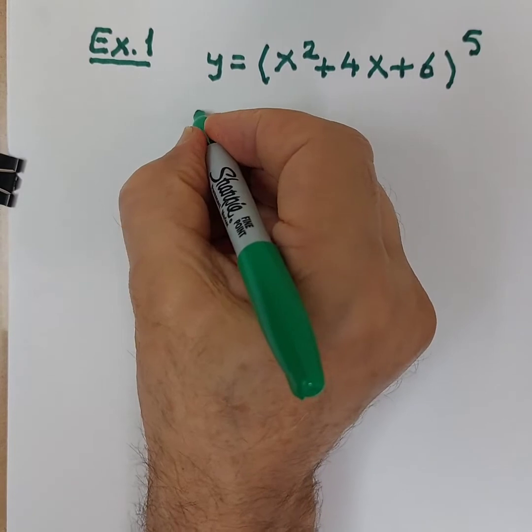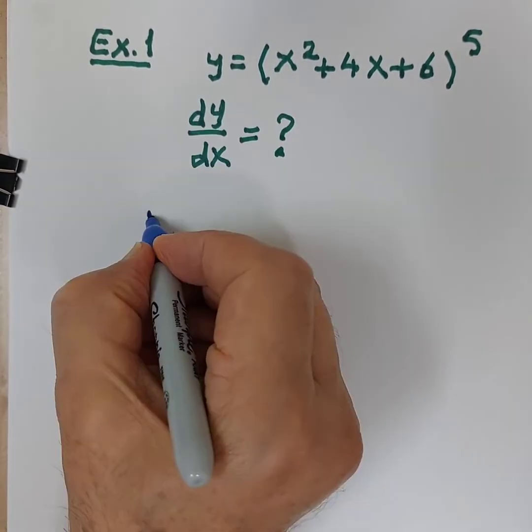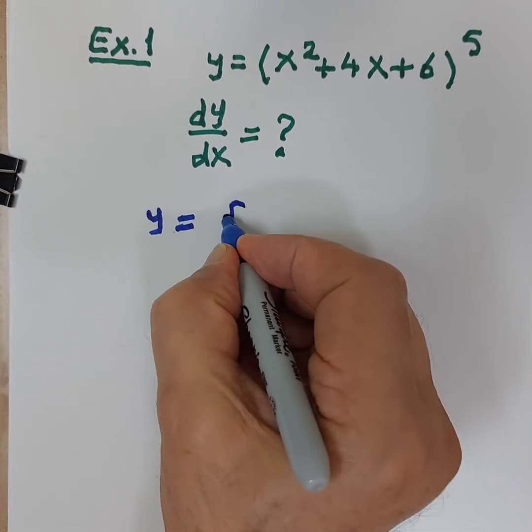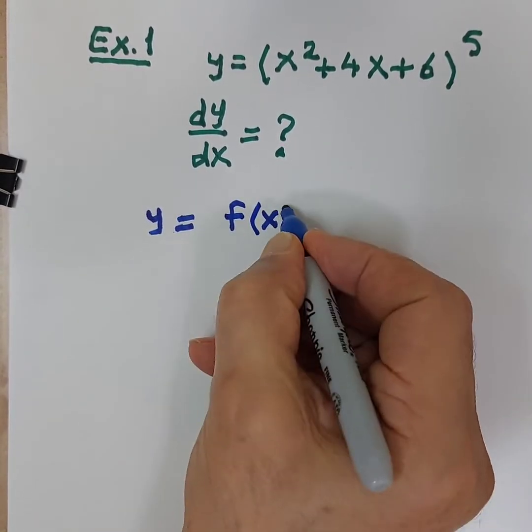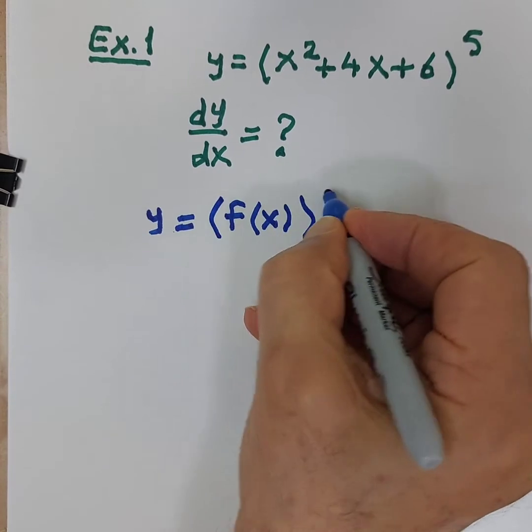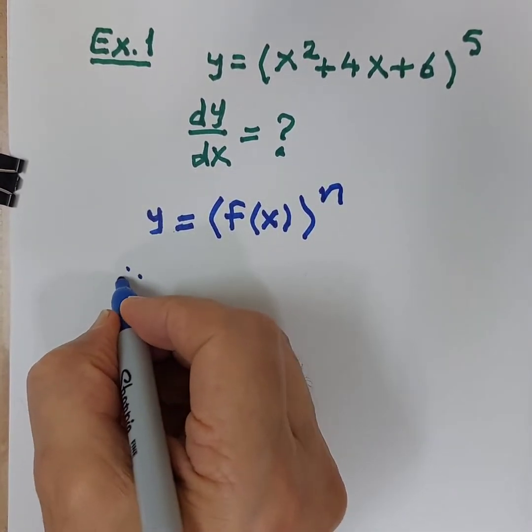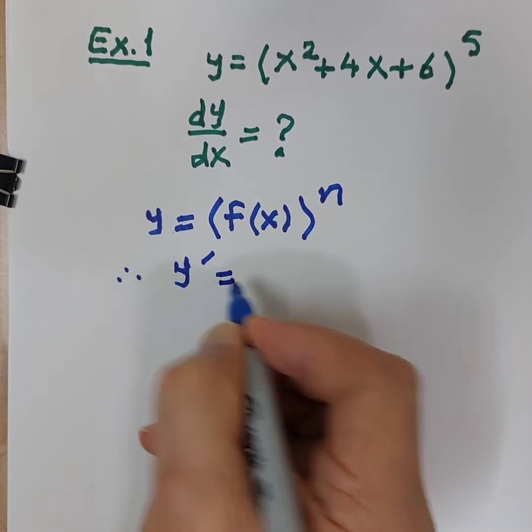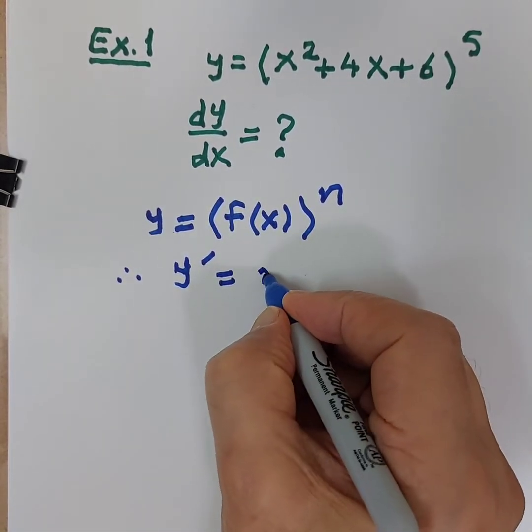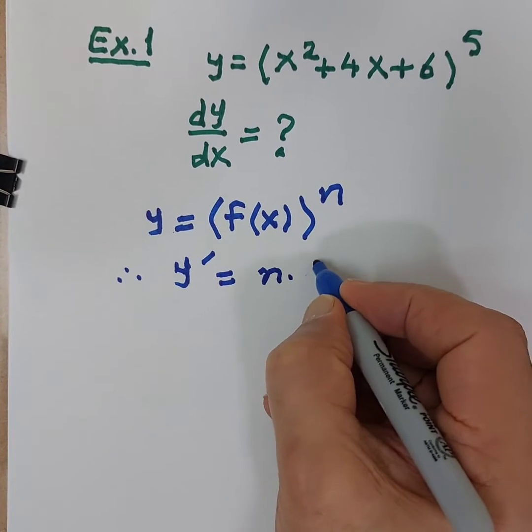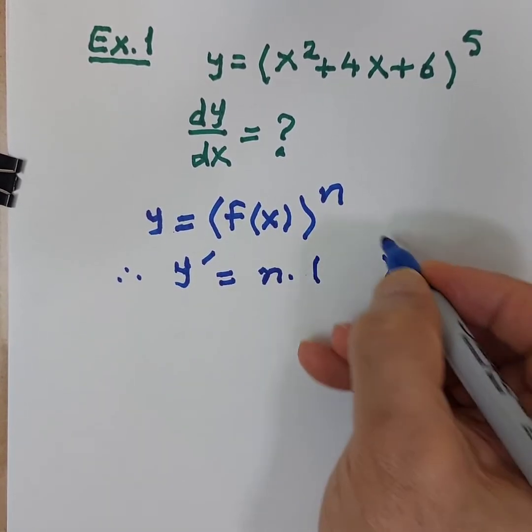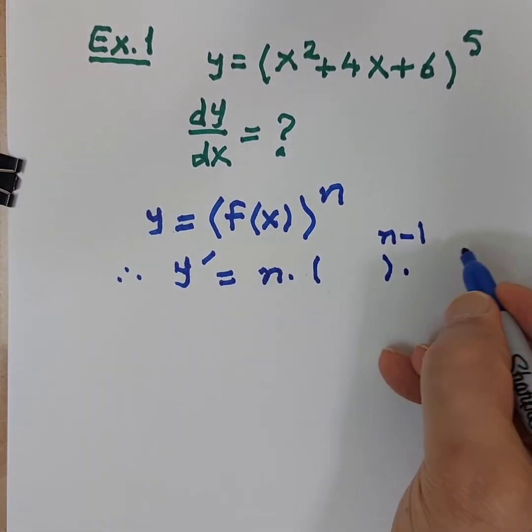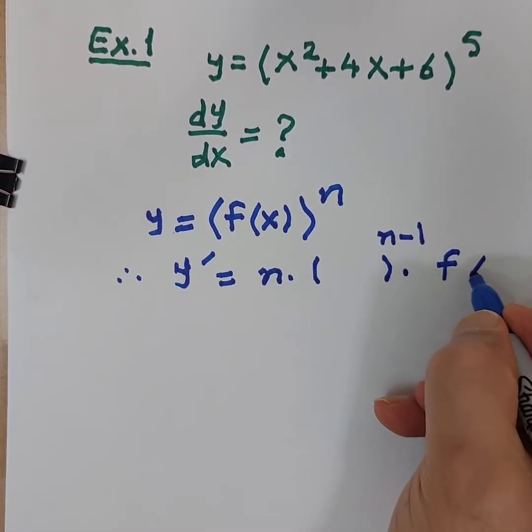So what is dy by dx? y is equal to f of x to the power n. We can consider y dash or dy by dx is n times all what is inside the brackets to the power n minus 1 times the derivative of what is inside the brackets.